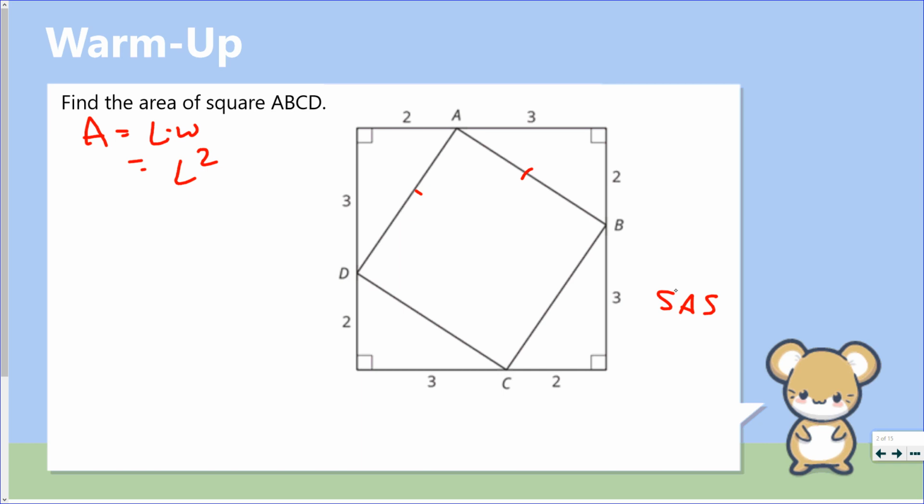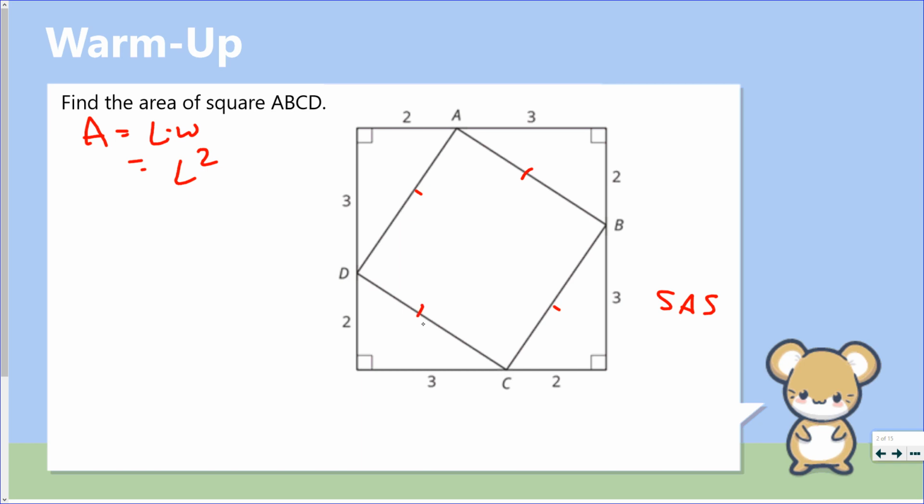That means these four hypotenuses are all equal, and so we know at least that we have a rhombus.